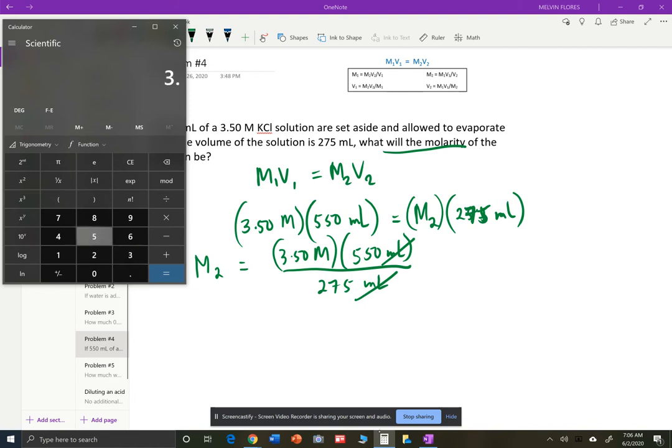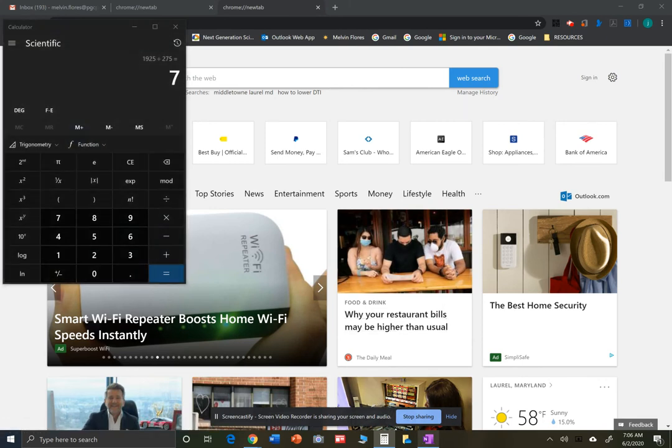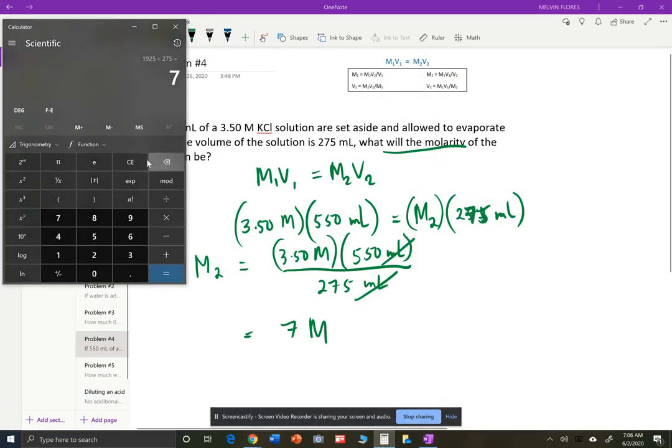So 3.5 times 550 equals, and divided by 275. That would give you 7 molarity. Did I get it right? Okay. So 3.5 times 550 equals, divided by 275. Okay, that's correct.